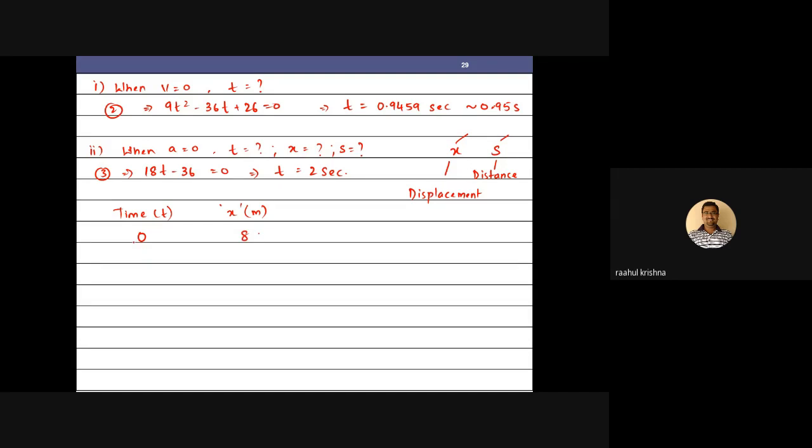Next, I have three instances of time, right? Firstly, at the start when t equal to 0. Secondly, at t equal to 0.95, and thirdly at t equal to 2 seconds. For the second case, when t equal to 0.95 seconds, what is my displacement? Can you give me the displacement at that point?